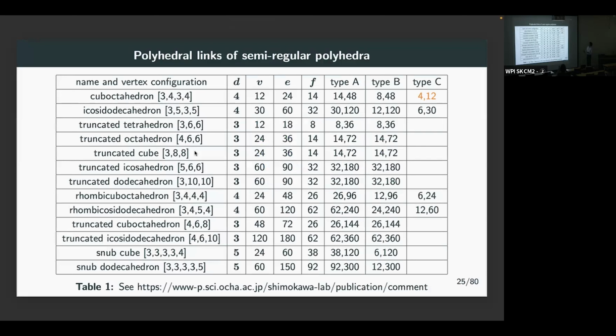If you use a truncated tetrahedron, then if you make a type A, this is the number of the rings and the number of the crossings. So if you prepare a very complicated polyhedra, then you have a chance to make a very complicated supermolecule.